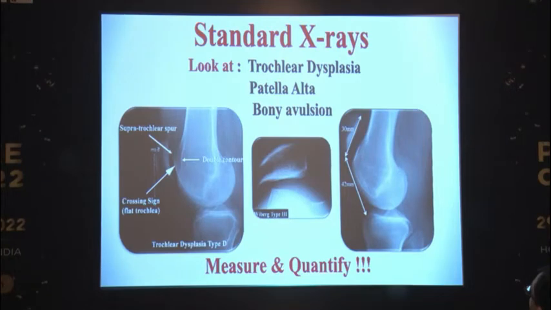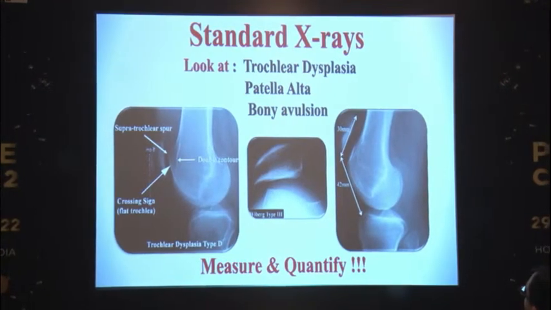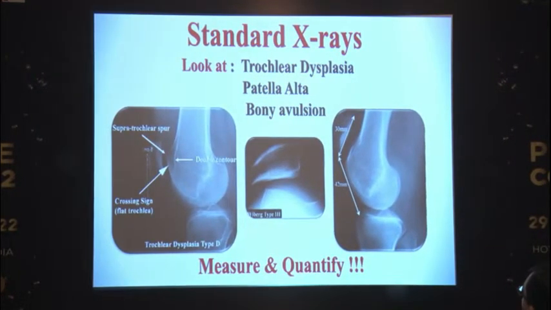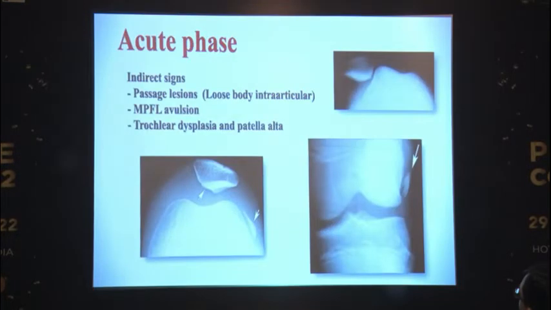And to screen your patient, you have to start first with standard X-rays. And what to look at? You have to look at the trochlear dysplasia, you have to measure the patella alta, you have to look at the bony avulsion. Always measure and quantify what you are looking at. In the acute phase, what to look at?